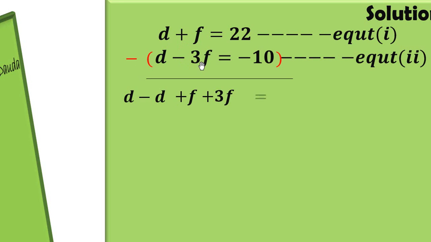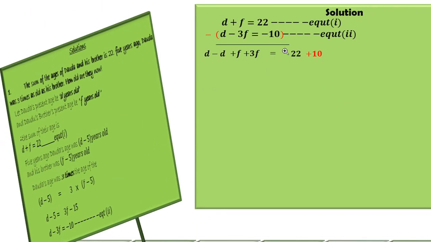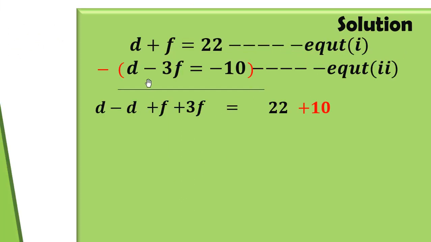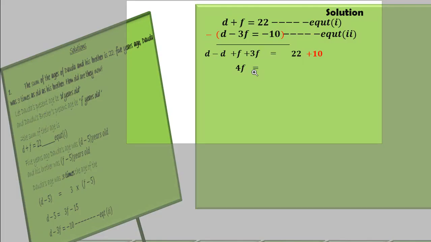Then you have equal to 22 up here, then this minus multiplying this minus gives plus 10. So you can get rid of d and have 4f equal to 22 plus 10.